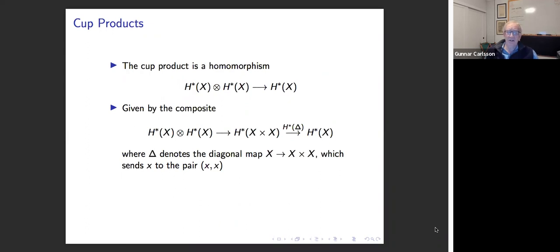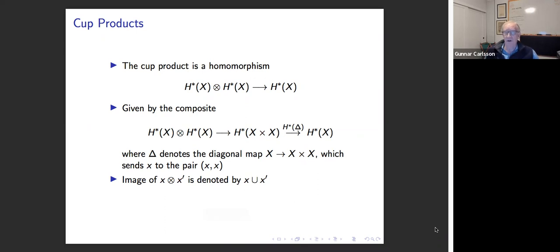First of all, you have the Künneth isomorphism, H star of X tensor H star of X into H star of X cross X. But then critically, you use the diagonal map, which is the key thing here: the contravariant functoriality of cohomology tells you that if I have a map of spaces, I have an induced map on cohomology. So I've got the Künneth isomorphism followed by that diagonal map. And the image of x tensor x prime in here is denoted by x cup x prime.